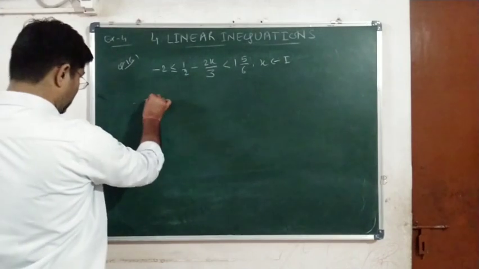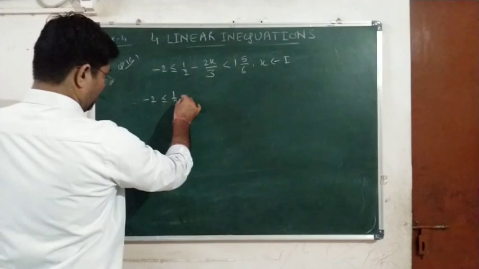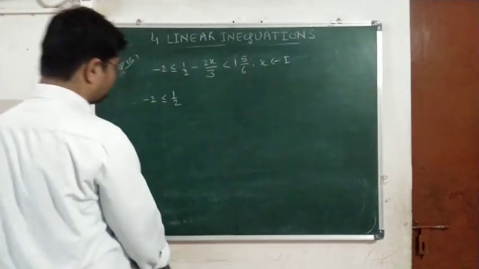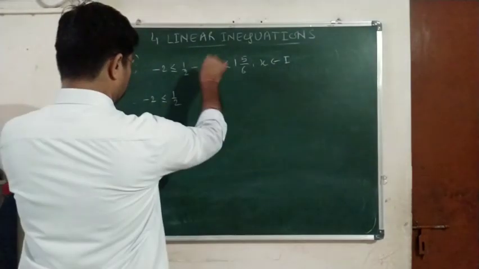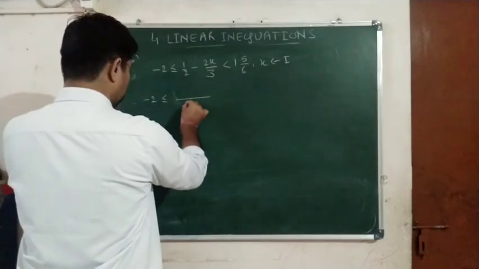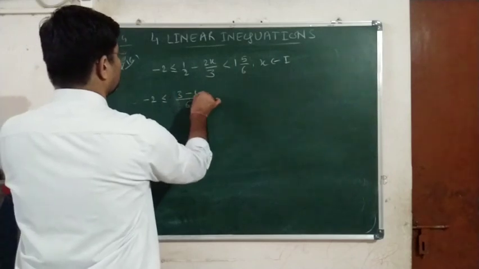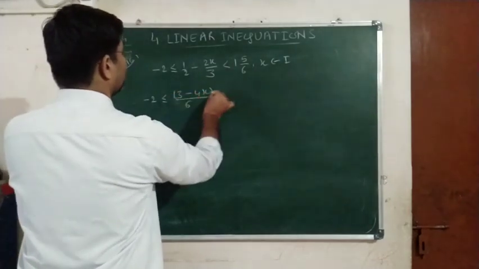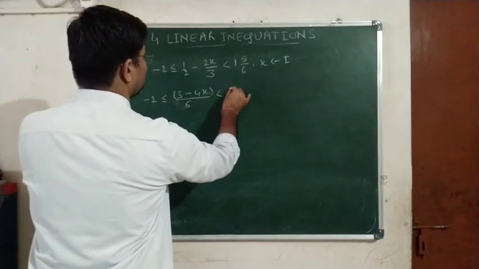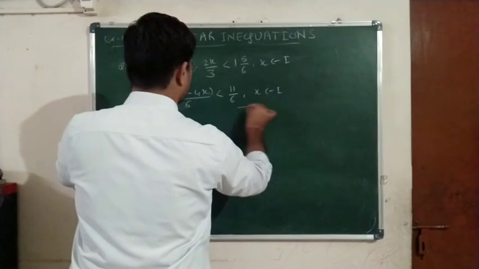We have a mixed number, or even you can take the LCM and simplify the term in the middle. 3 2s are 6, and 3 minus 2 2s are 4x. Like this we can write, 6 1s are 6 plus 5, 11 by 6, x belongs to I.